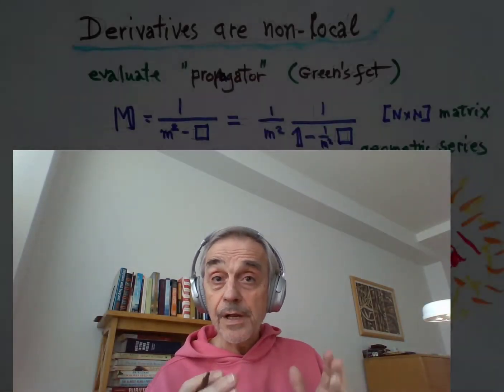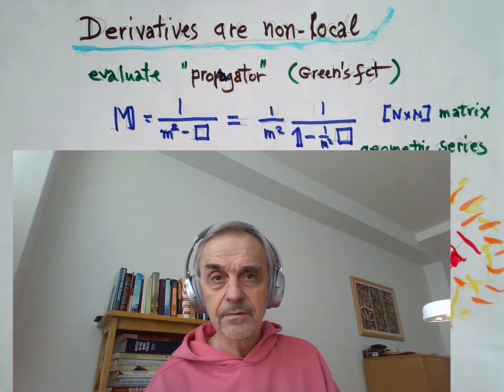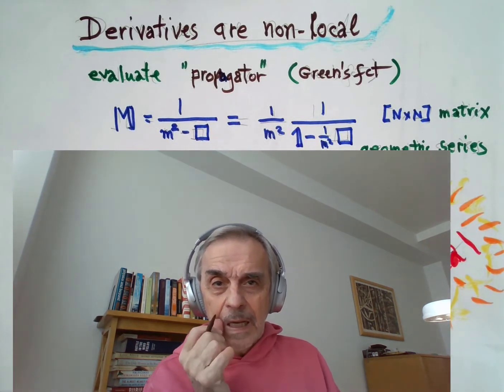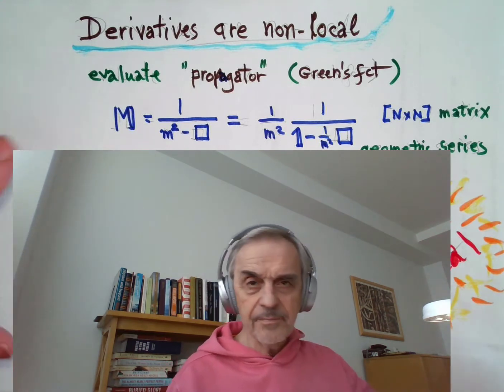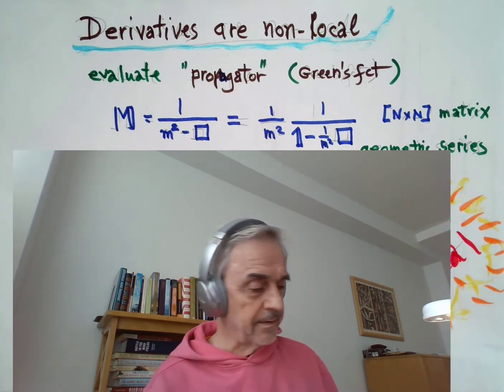To understand the power of Fourier transform diagonalization of operators, let's go back to this example of a horrible but typical matrix function.